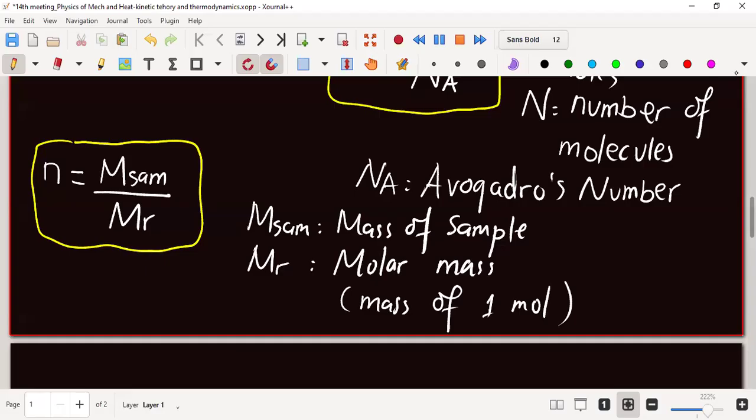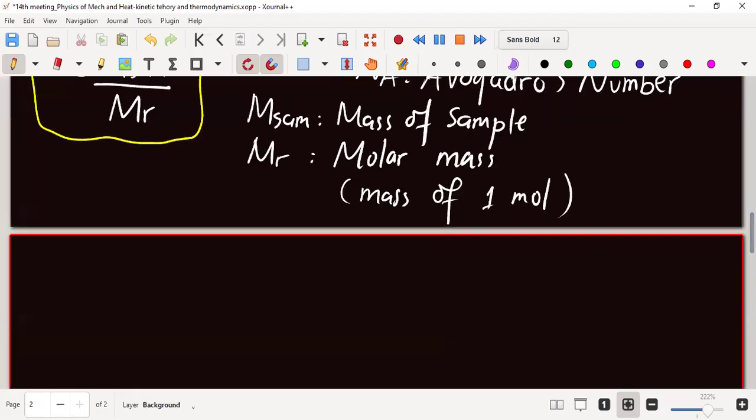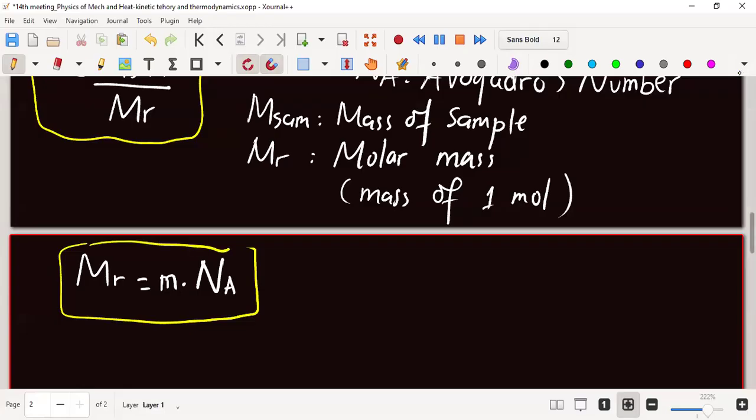Or Mr, we can also connect to another formula. Mr is the mass of one molecule times Avogadro's number. This is also a formula for Mr, the molar mass. So Mr is equal to m, the mass of one molecule, times NA.